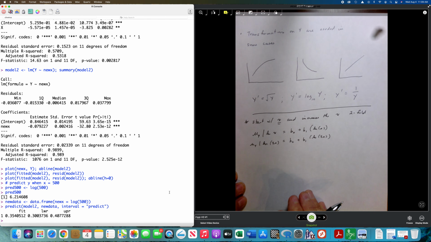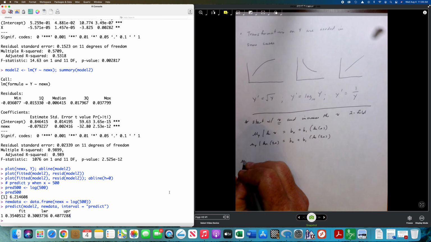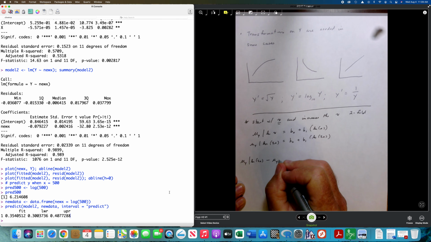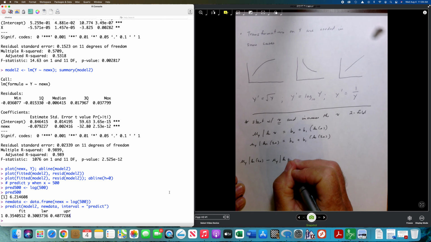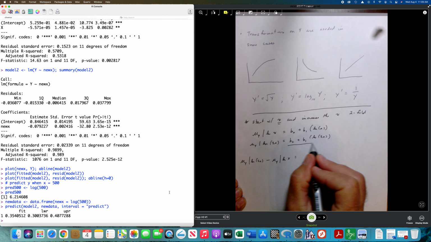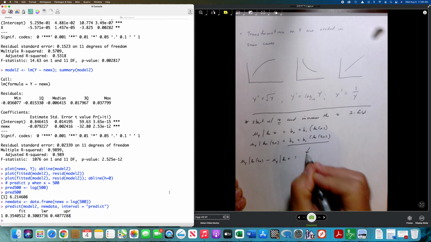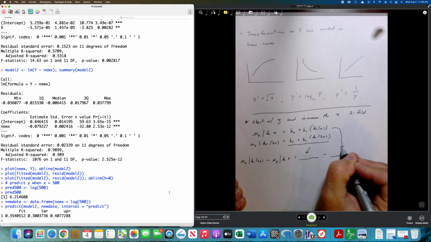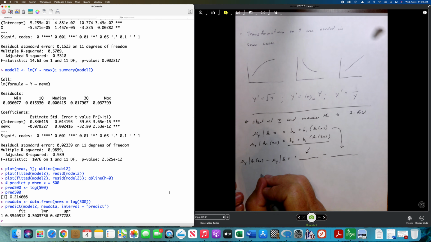Now, if we want to look at the difference, the increase, it would make sense to me that we would take mu sub y given the natural log of 2x minus the mean of y given the natural log of x, which of course is going to be equal to this minus this. Excuse me for being lazy, but this is all going to be pretty easy to do arithmetically in our head.